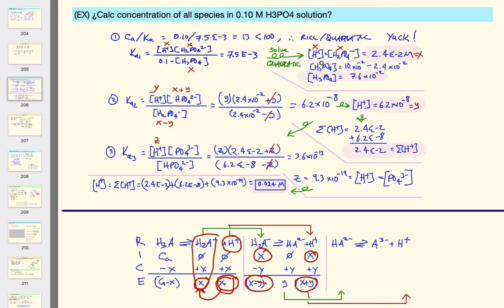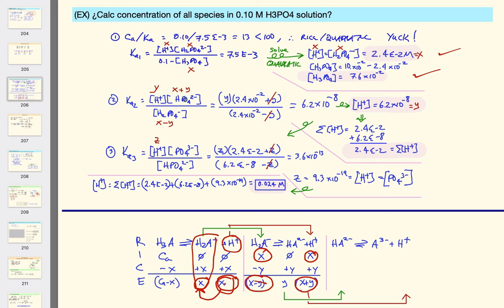Really, I would probably just use the shortcut. But in this case, I did work it out using the quadratic. And remember, where all of this looks busy, this is just Ka from this equation. So when I do that, I get that the H3PO4 concentration is this, and I'm able to calculate X.